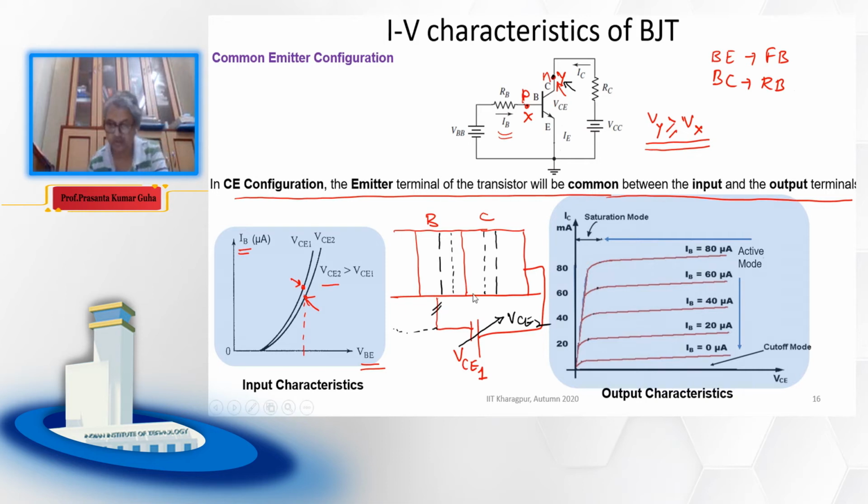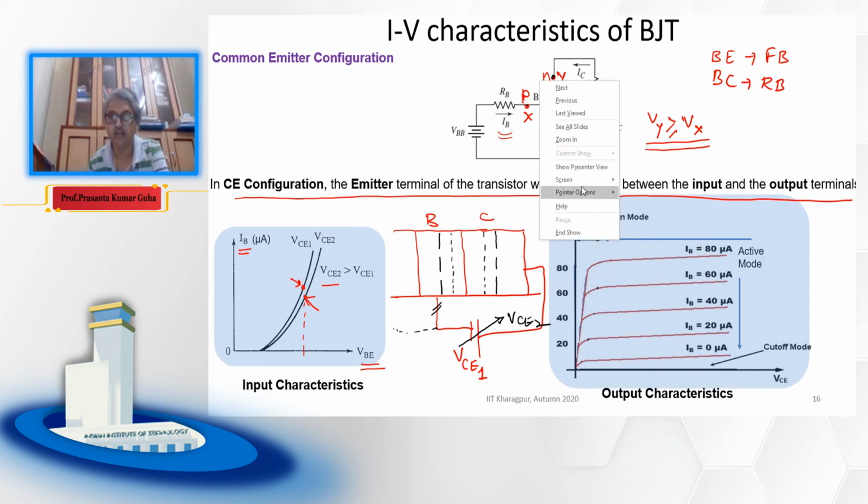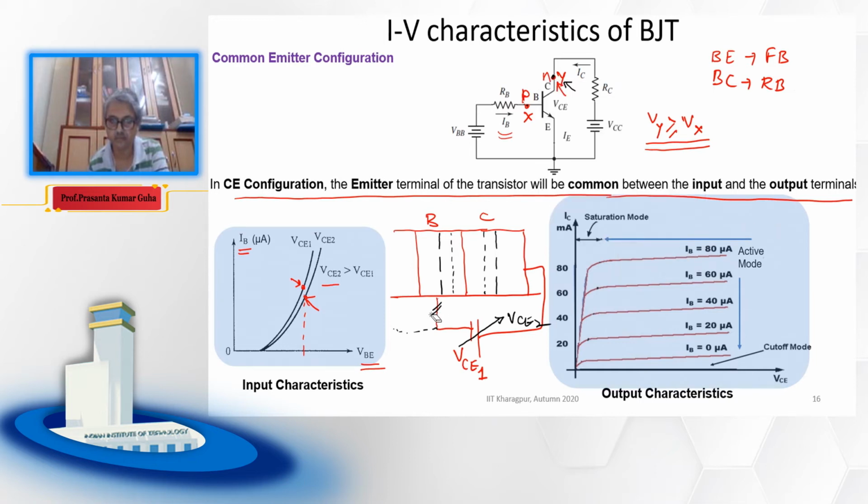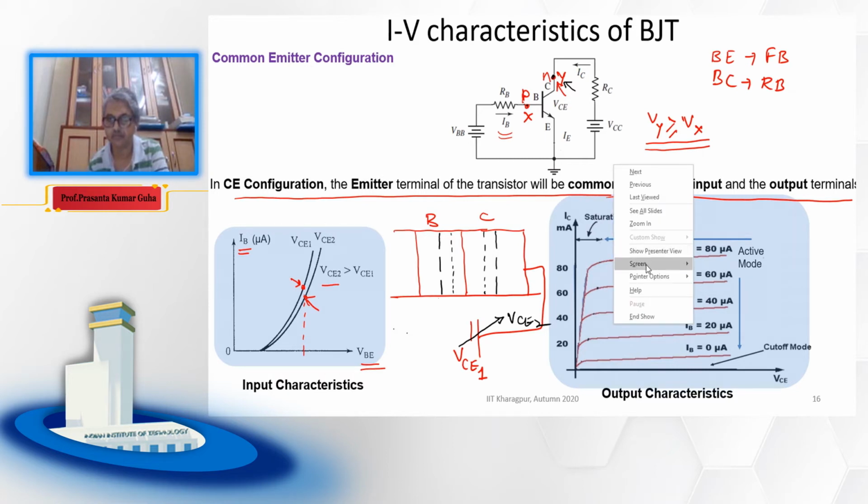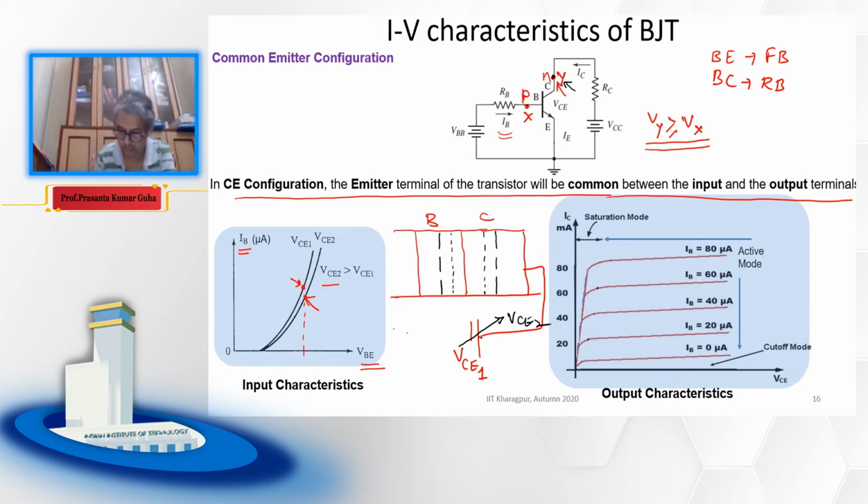I should have drawn it differently. But what I am trying to show is that if we increase this VCE, the depletion region will increase, which will reduce the effective base width.